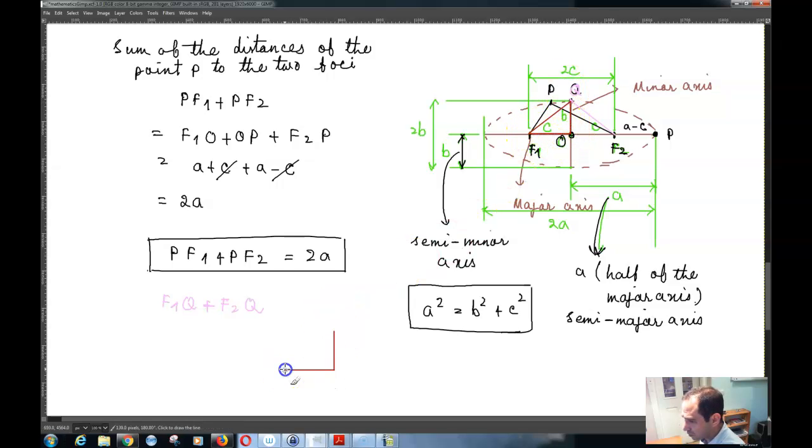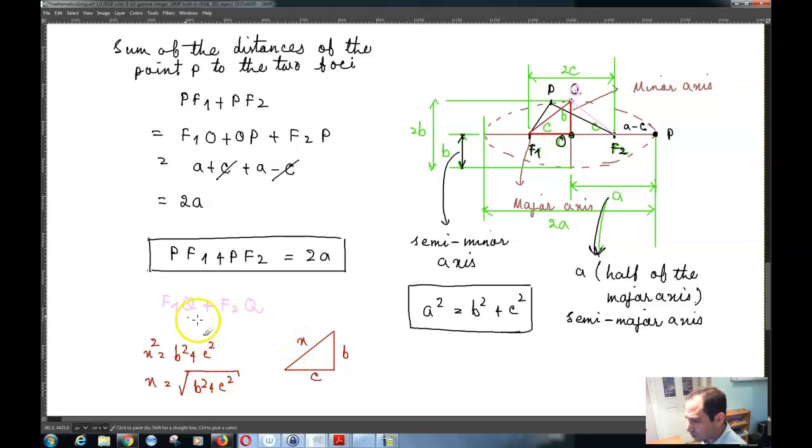If I call this side x, then x squared is equal to b squared plus c squared, based on the Pythagorean theorem, and so x would be equal to the square root of b squared plus c squared.